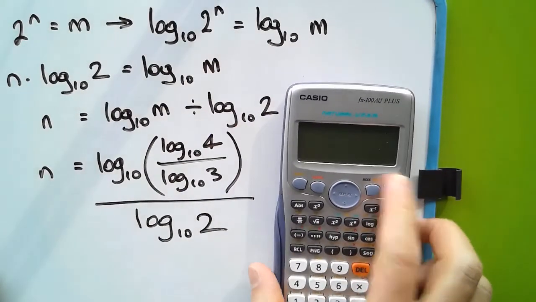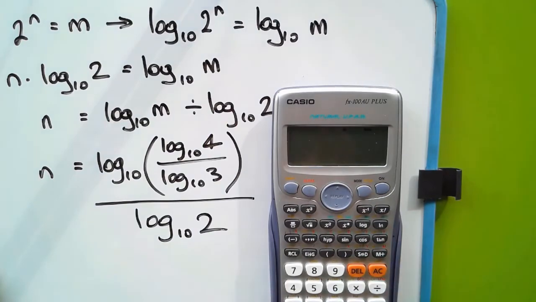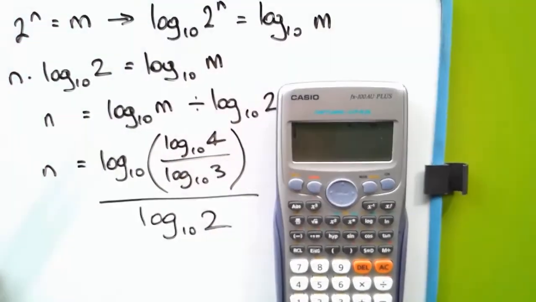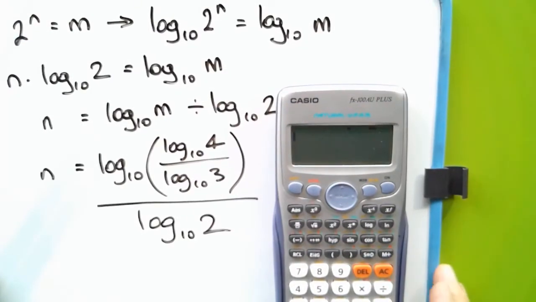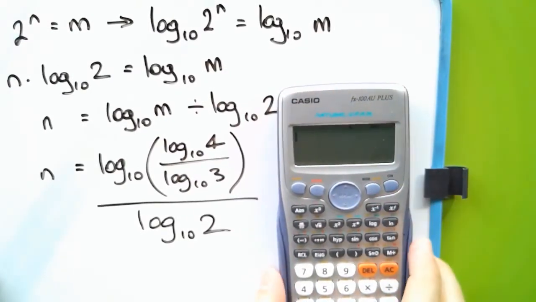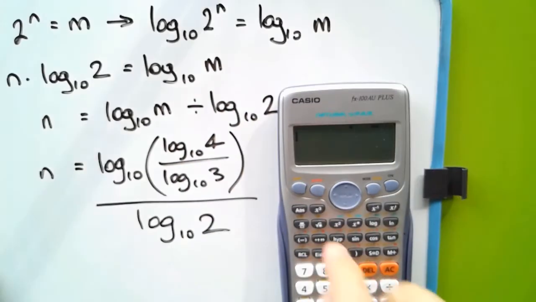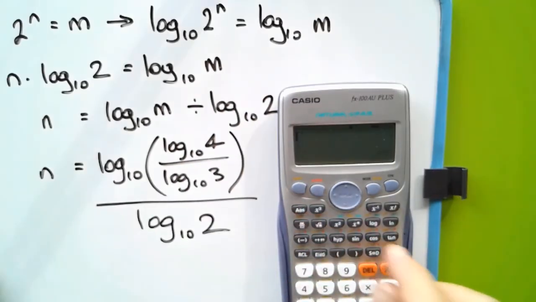Now, let's enter that into the calculator and see what we get. I might just see if I could get the exposure up so you can see the calculator screen a little bit better there. Hopefully you can see that. Okay, let's enter that in. So we have fraction first, log base 10, fraction inside there.